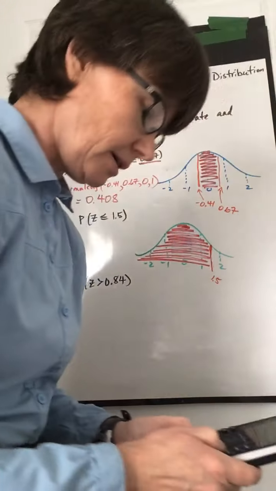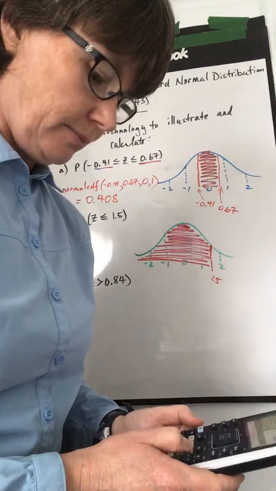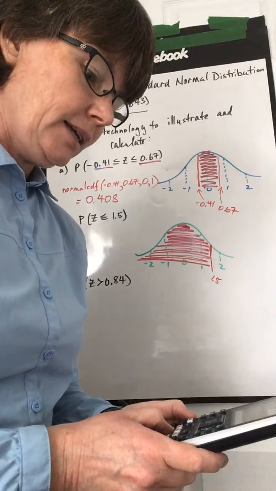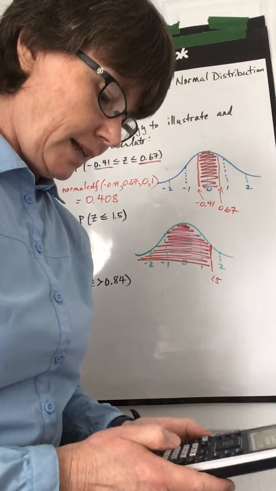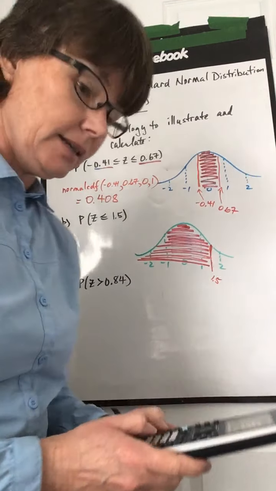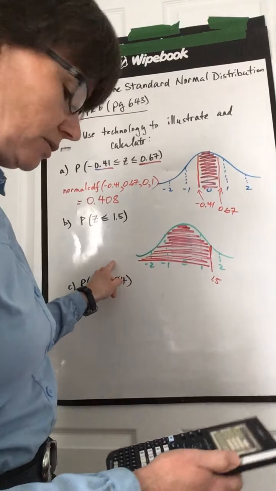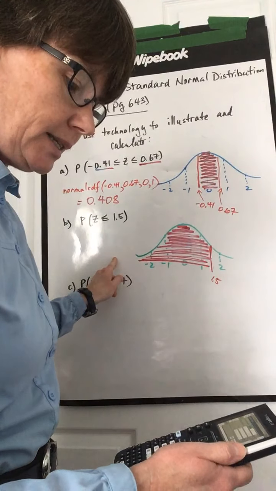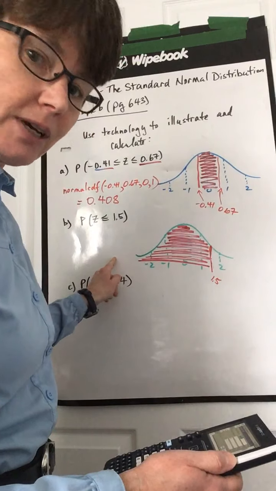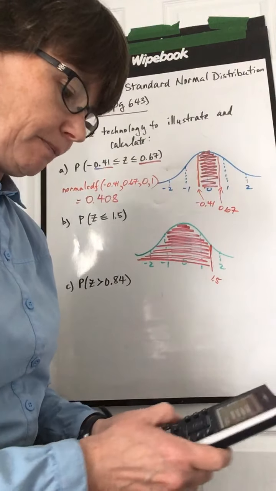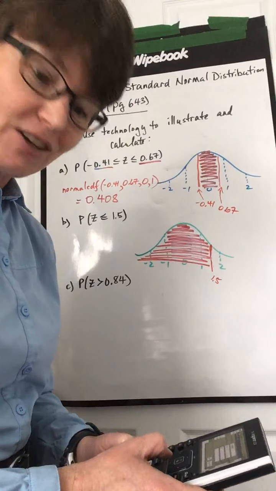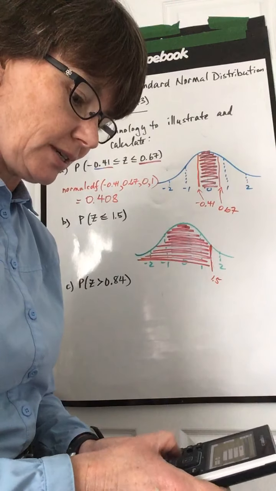So again, go to your calculator, menu, probability, distributions, normal CDF. Lower bound is the negative infinity. So leave in what they have there. It means -9 times 10 to the power of 999. Upper bound, 1.5. Mean 0, standard deviation of 1 because it's a Z distribution.